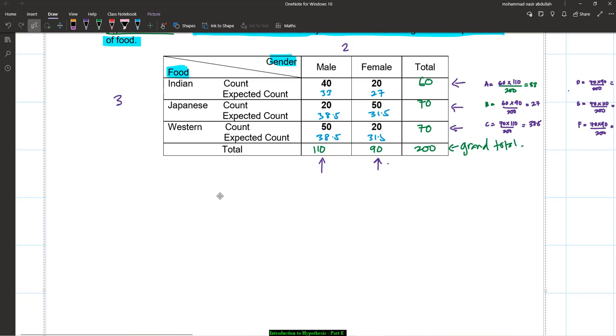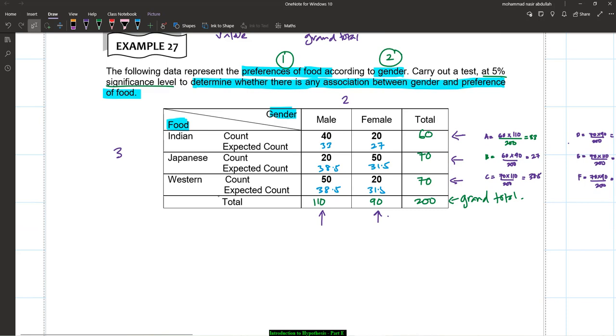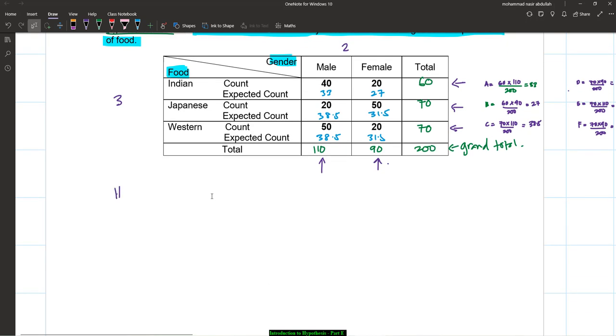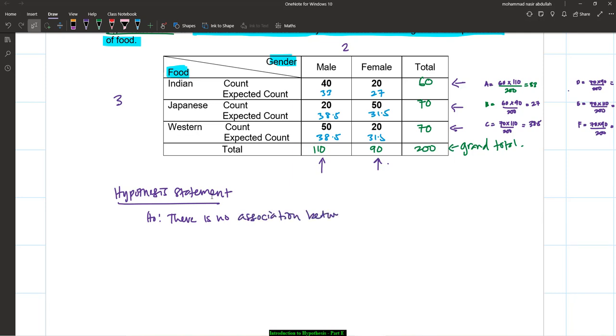Right, so then the next step is we're going to construct a hypothesis, because the question asks us to carry out a test at 5% significant level, determine whether there is an association between gender and preference food. So hypothesis statement. Our null hypothesis: there is no association between food preference and gender.